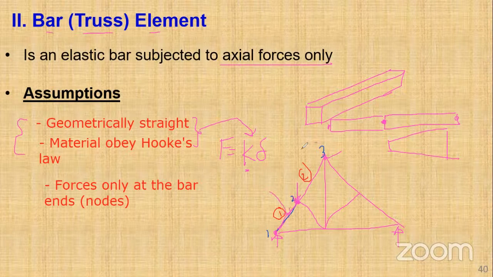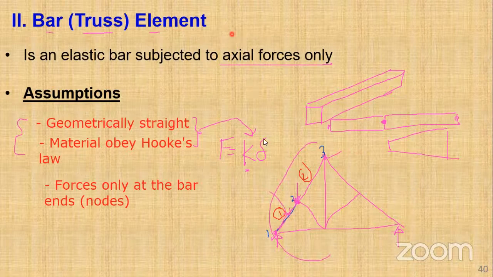The whole of this is the structure. A truss structure, whether it's one or two members. Can we have a two-member truss? Of course, yes, if we are talking of a wall bracket, as simple as a two-member truss. But when we take just one of its members, that's a truss element.